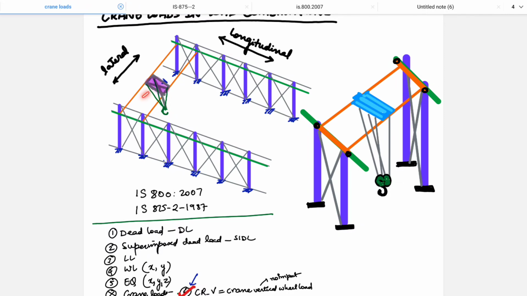When it is moving in this direction, suddenly from rest to moving position, it will give a thrust in the lateral direction, and when this crane as a whole is moving in this direction, when it applies brakes or when it starts, it will give thrust in this direction and this direction depending on the position where it is moving. So we have to be very cautious about which direction we are talking about, lateral or longitudinal.